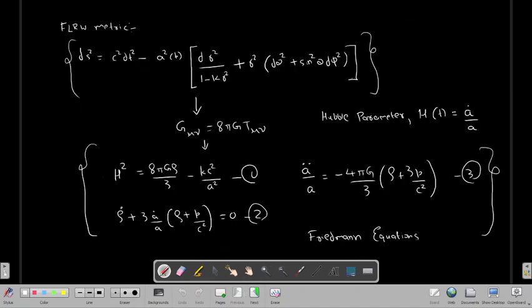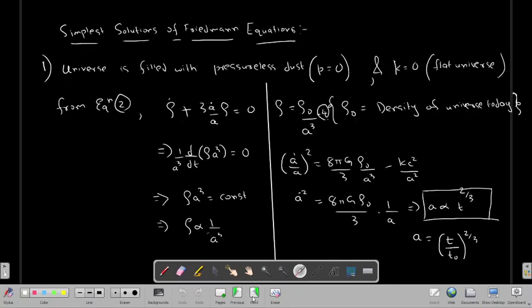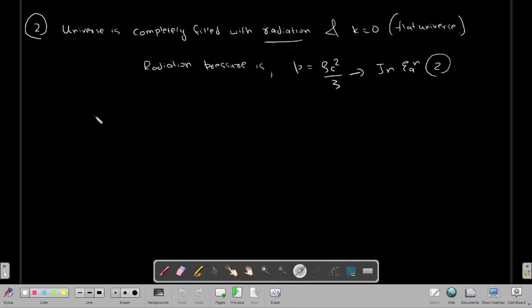Here you have to again put the value of P is equal to rho into c square by 3. Once you plug this in equation number 2, you will get the equation as rho dot plus 4 into a dot by a into rho is equal to 0.